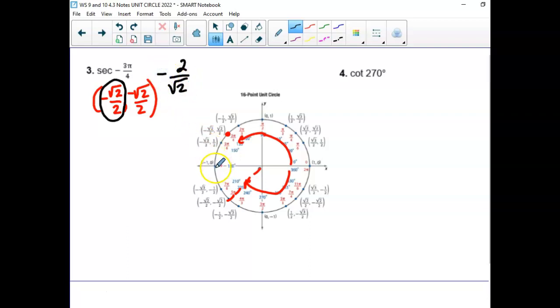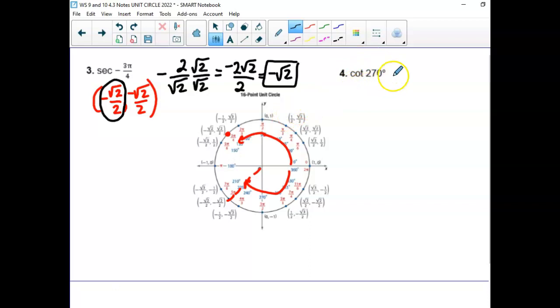And it's negative. What do we still have to do? Yes. So we get negative 2 square roots of 2 over what? 2. So that simplifies to simply negative square root of 2. If we've done enough of these, you might memorize that flipping over square root of 2 over 2 just becomes square root of 2, but don't worry about it. Take your time, write it out if it makes more sense.